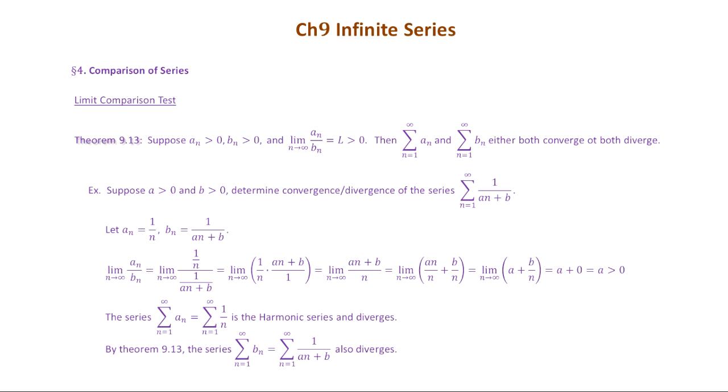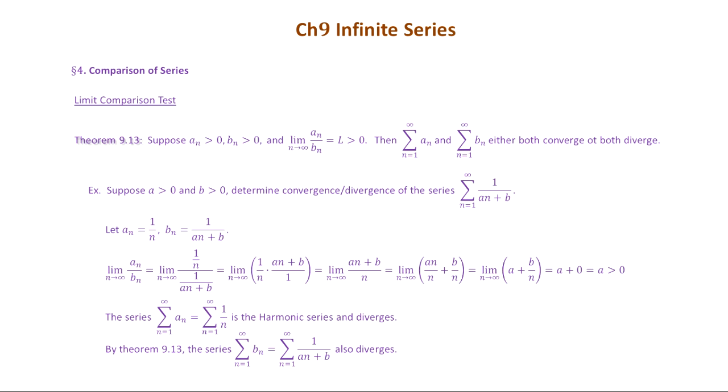So what we do, just take the limit of the ratio of a_n over b_n. Put that in, we get 1 over n over 1 over an plus b. If we put a_n and b_n in this limit, and then you just flip it when you divide the fraction. So we got 1 over n times an plus b over 1.